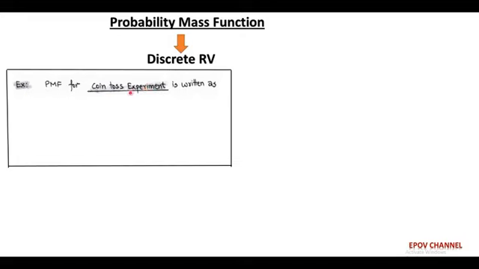In this random experiment, there are only two possible outcomes, heads and tails, and both outcomes cannot occur in a single trial. So the outcome head or tail is not a certain result, but in order to represent these results mathematically, we assign a finite number of real values called discrete random variables.